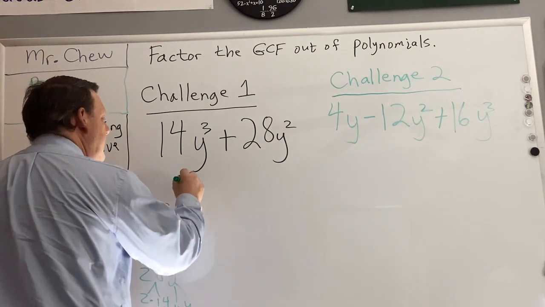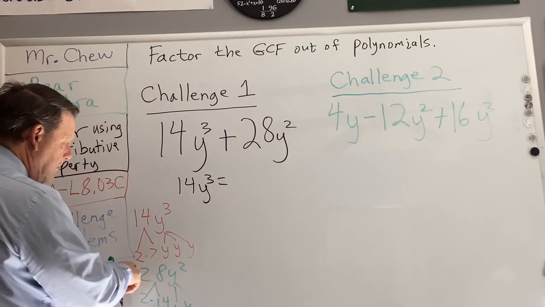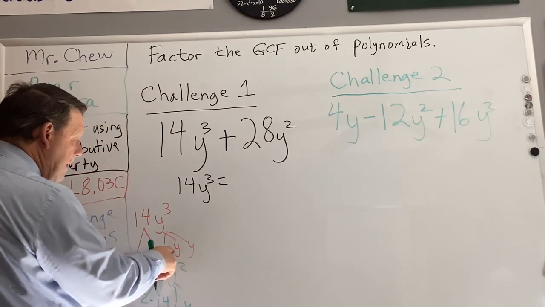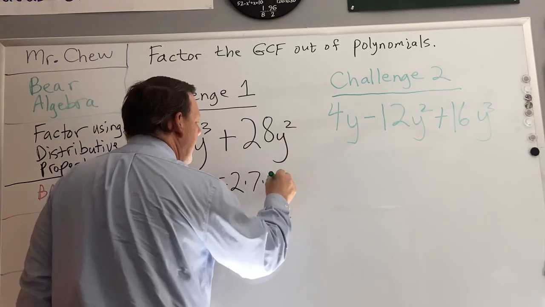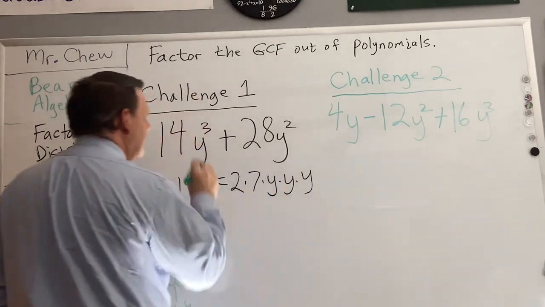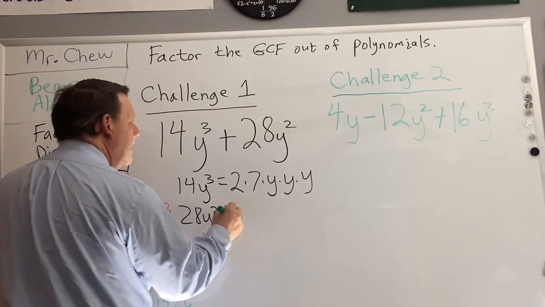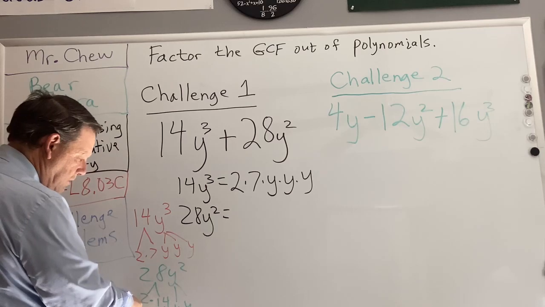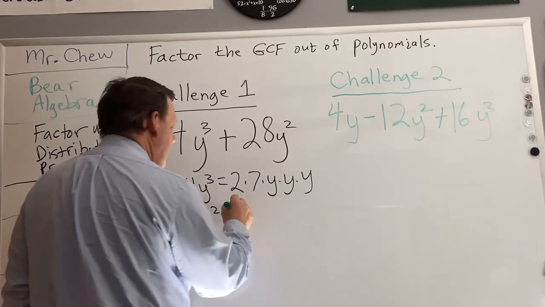My 14y cubed is 2 times 7 times y. Then my 28y squared is 2 times 2 times 7 times y.